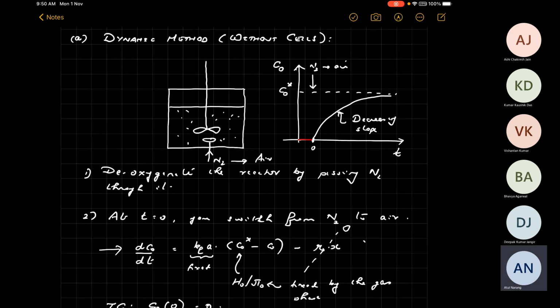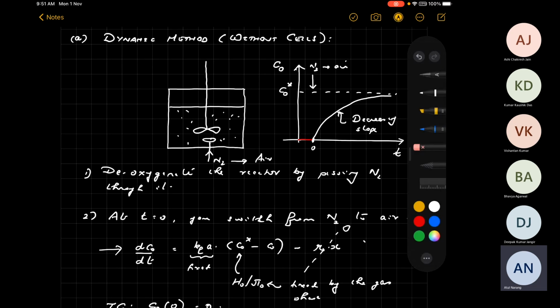First one is the dynamic method without cells. The basic principle behind this method is you deoxygenate the reactor by passing nitrogen through it. You bubble nitrogen for 10 minutes or so until the nitrogen completely displaces the oxygen. So you have completely deoxygenated the liquid in the reactor.